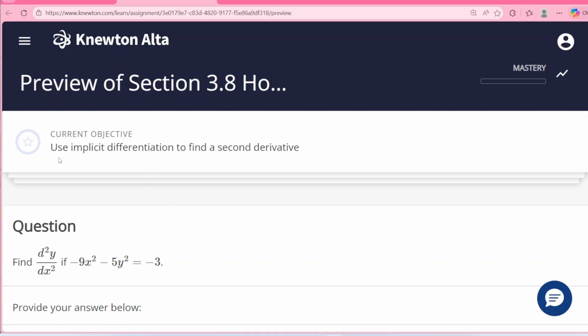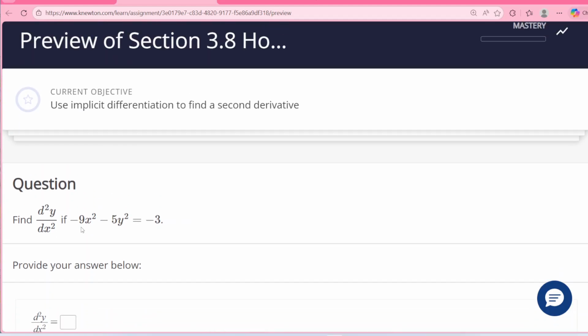All right. So the objective I'm given here for this first question is use implicit differentiation to find a second derivative. Okay, so I'll start off writing the equation here.